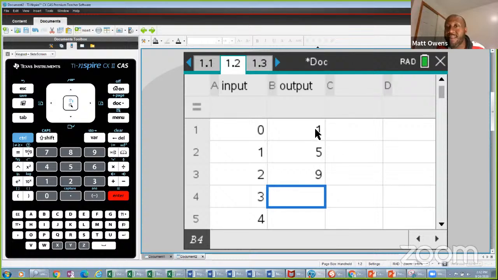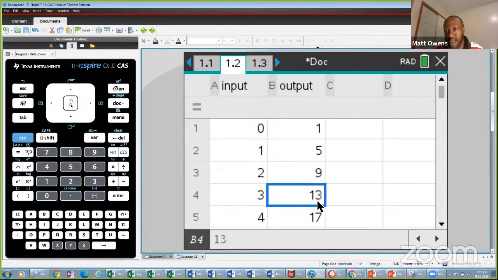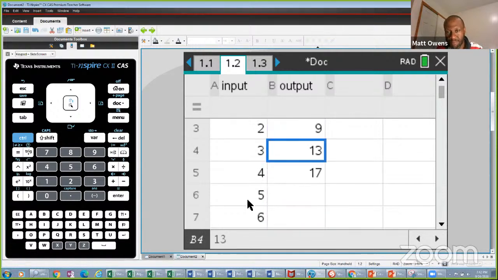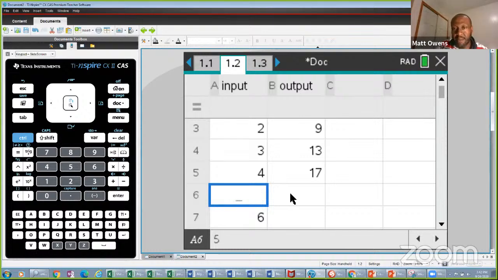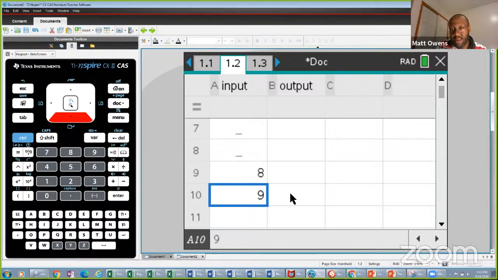And what I love about this is even if students have a little inkling of an idea, it allows them to grapple with that whole idea of change and extending it. I'm just going to delete this. And my task was how many would be in the 10th stage of the progression.